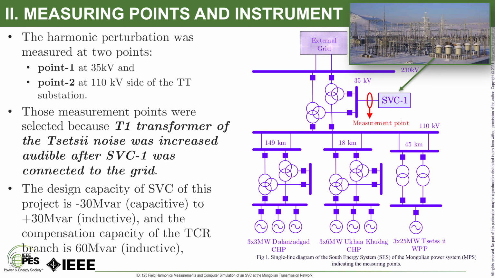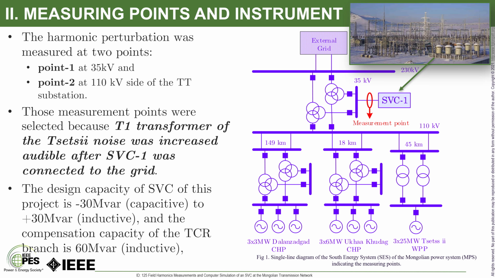At that 35 kV is the location of static voltage compensator number 1. On the top right-hand side, you can see a photo in winter of this substation and the location of the filters used for the static voltage compensation.